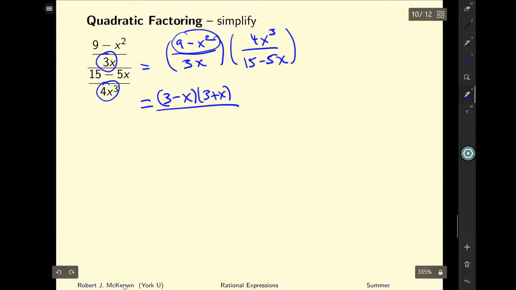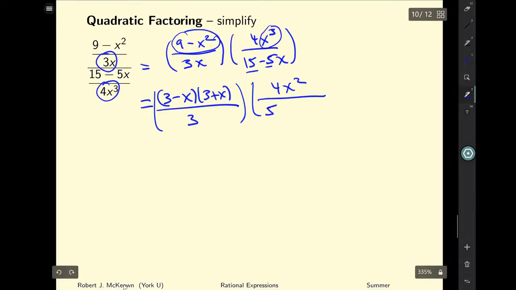And notice that I've got an x here and 3 x's over there. So I could just rewrite this as 3 and 4x squared up there. And then with the denominator down here, I've got a 5 and a 15.